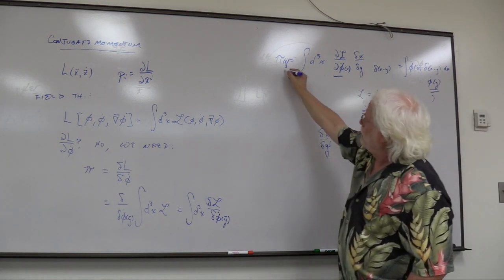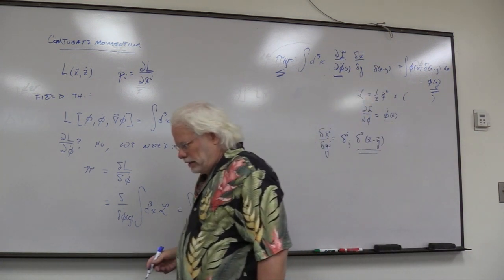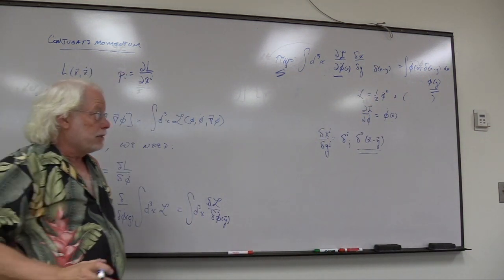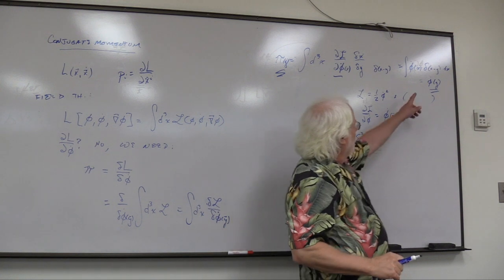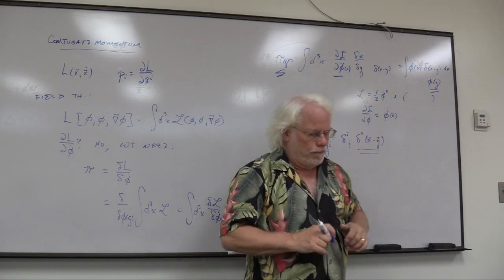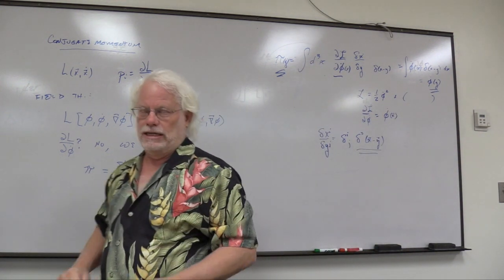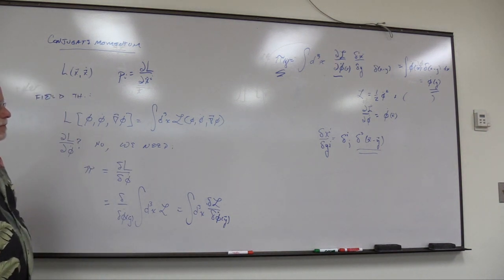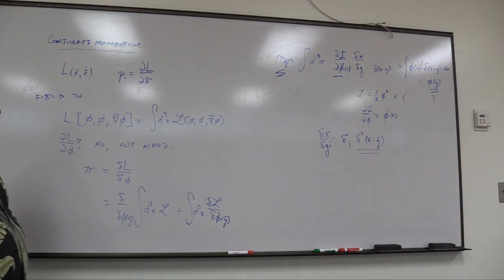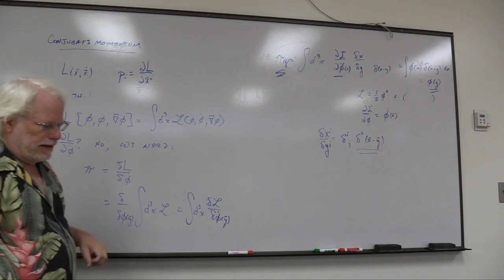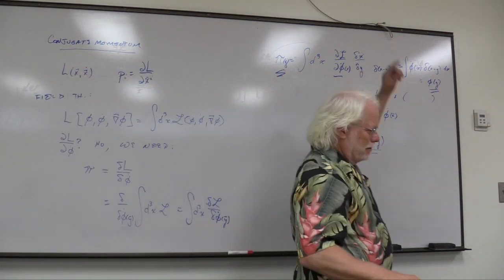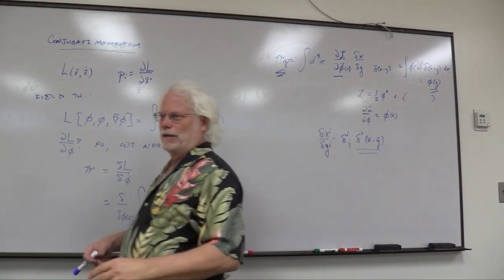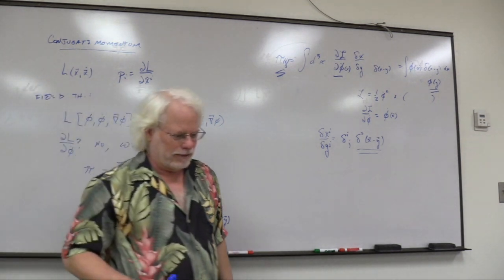So I come out with the conjugate momentum being simply phi dot evaluated at y now. So we get a delta function in there. I'm fretting about the way I've applied the chain rule here, but let me come back to that after I have a look at it.